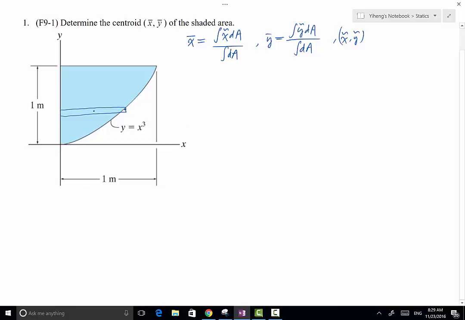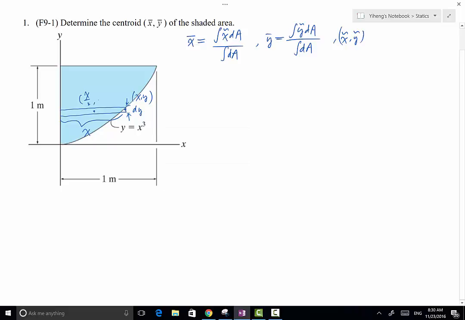Therefore, this point has coordinates of x and y, which means that from here to here, this total width is x. This height is dy. The centroid has coordinate of 1/2 x, because the total width is x, therefore the centroid is right there at the center.